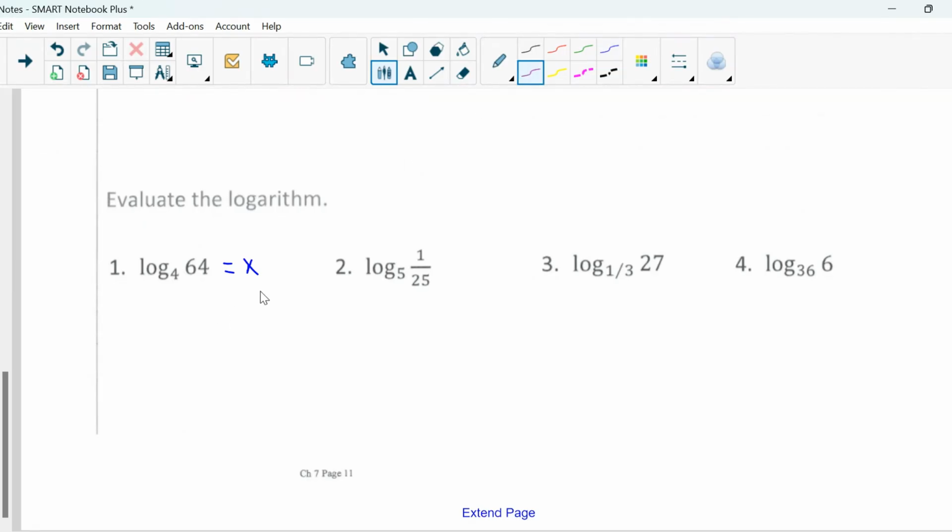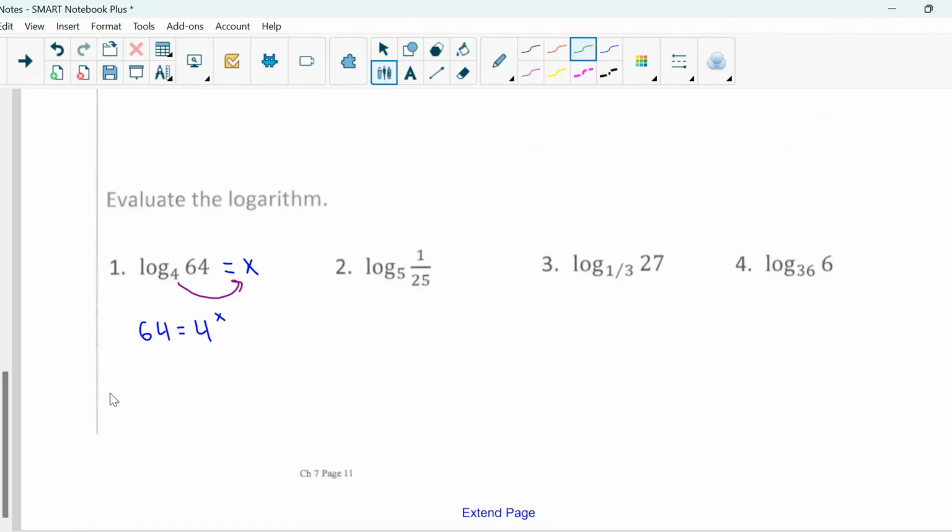The first thing I would do is rewrite it as an exponential: 64 equals 4 to the x power. Now, I think the easiest way is to ask yourself, 4 to what power is 64? And if it works out nicely, you'll be able to figure this out.